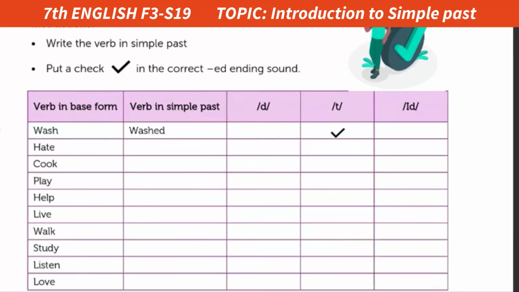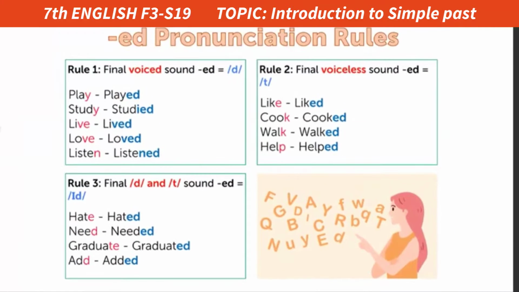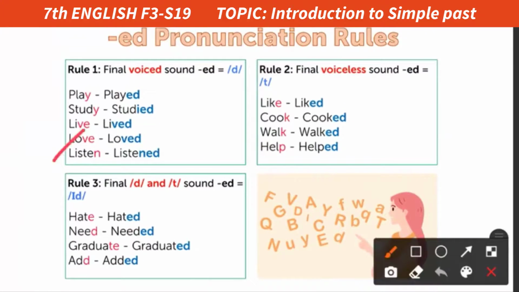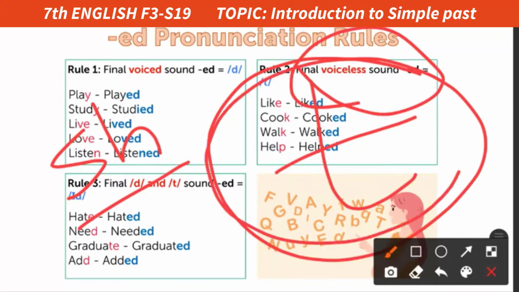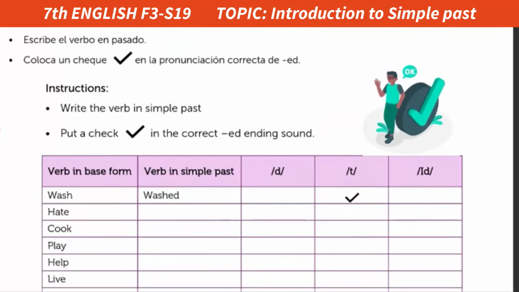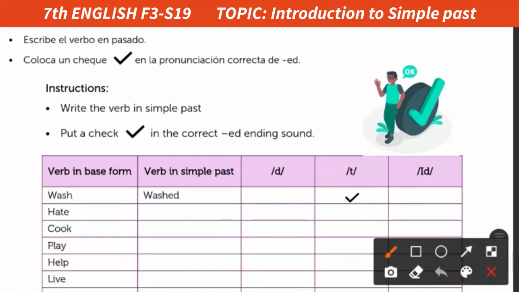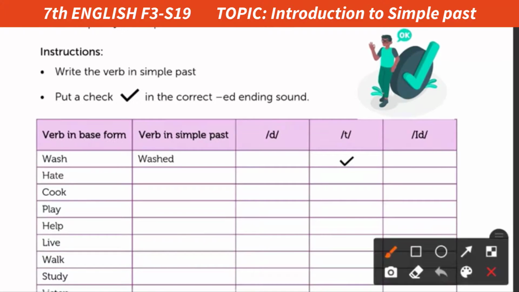Wash. En la SH no hay ninguna vibración. Entonces, ¿cuál va a ser el sonido que se va a hacer? Washed. Ahí está, ya está con el cheque. Vamos con el siguiente.